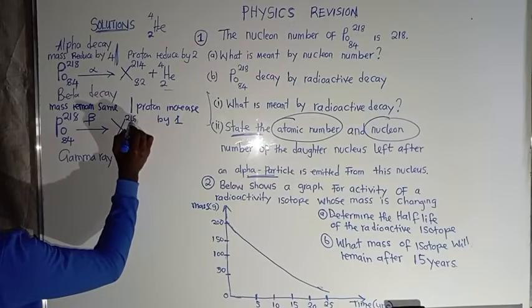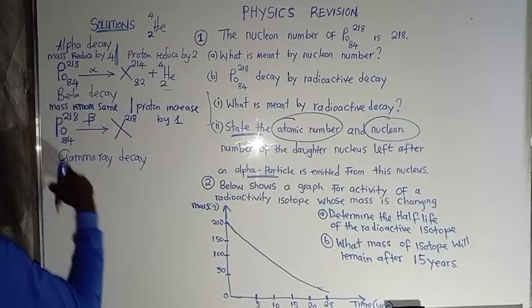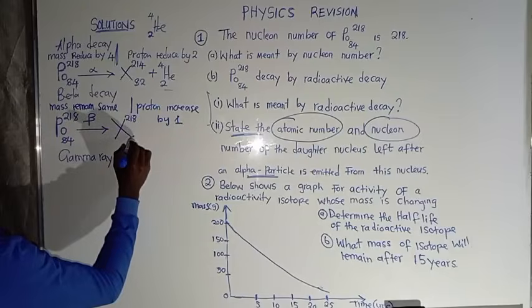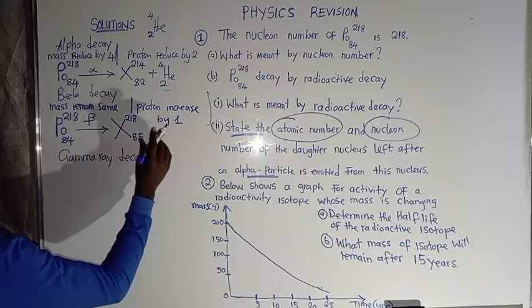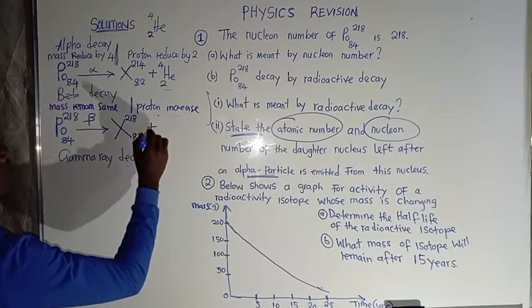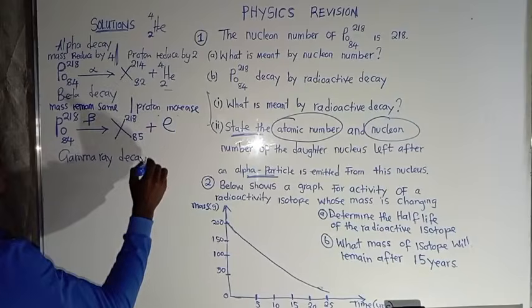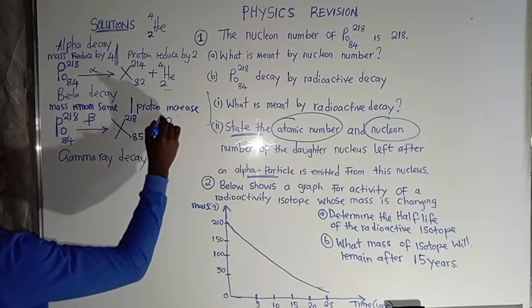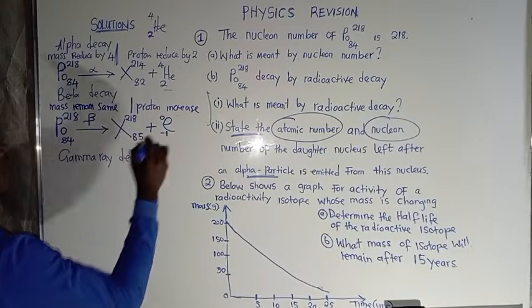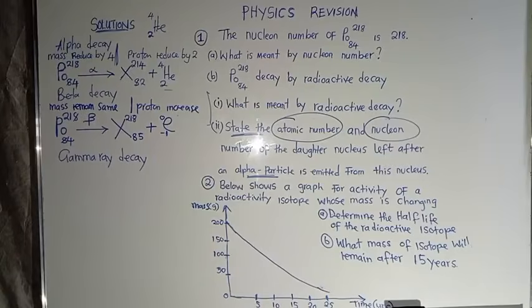Then the proton number increases by 1, so this one becomes 85. Then you say plus a beta particle. This is an electron, 0 there, then negative 1 there. This is what you are supposed to do if you are taught to find the decay equation for a beta particle. Just like that.